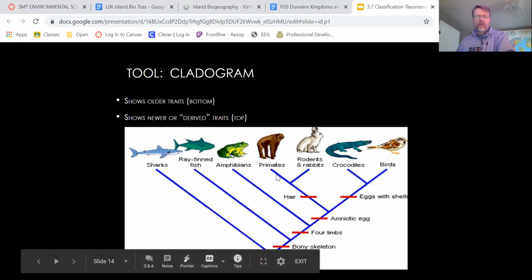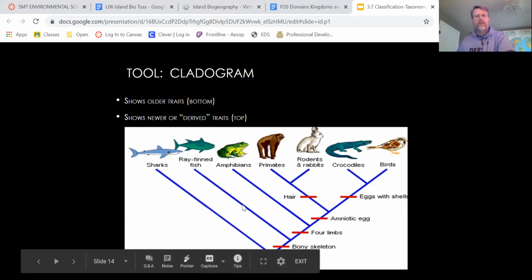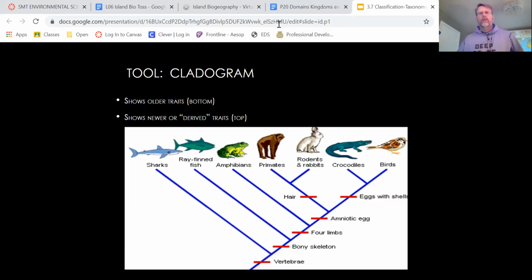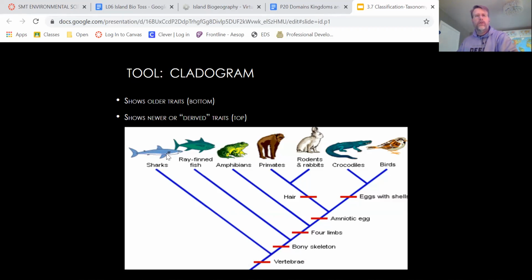Like I said, we can't cross species. So once the features have changed, there's no going back. They might share similar looks. Things like sharks and dolphins might both swim, but dolphins should be over here with the mammals.